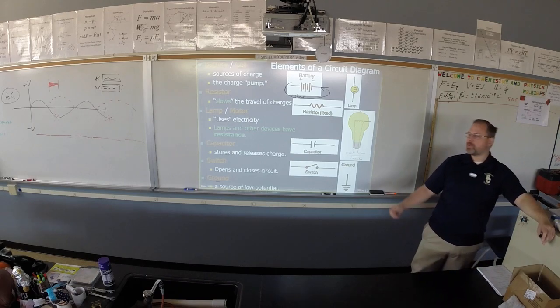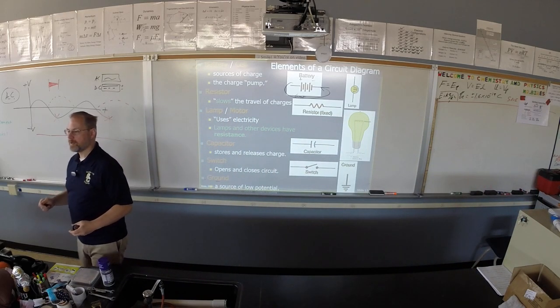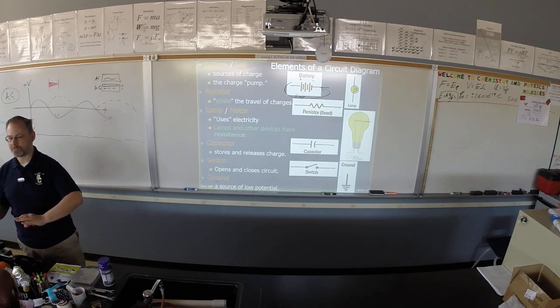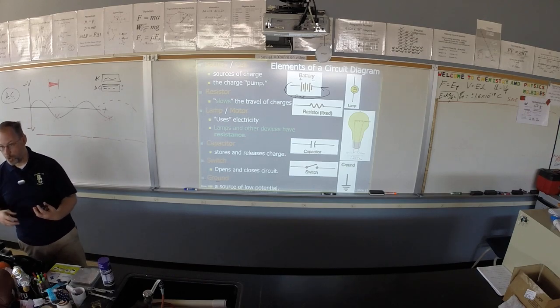Something that is ohmic, and we drew a little graph last week, has the same resistance regardless of the potential you apply to it. If you have a wire and you apply 10 volts and it has the same resistance whether you apply 10 or 100, that is an ohmic wire. If you apply 1,000 volts and the resistance is not the same, it's not ohmic anymore.